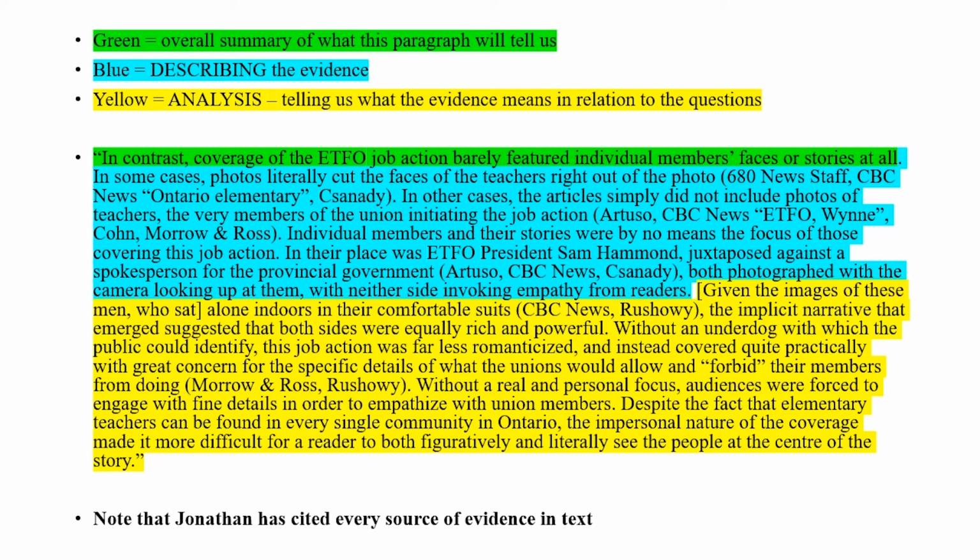And we continue on to find that Jonathan gives the meaning of the evidence right through the second half of the paragraph. He does end with a sentence that summarizes the meaning and what he has found.